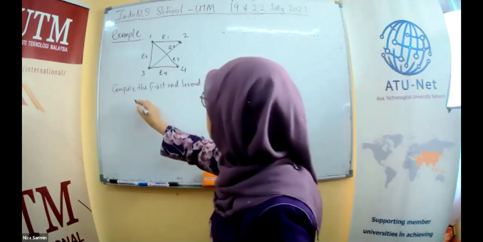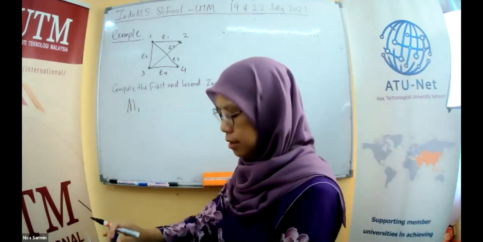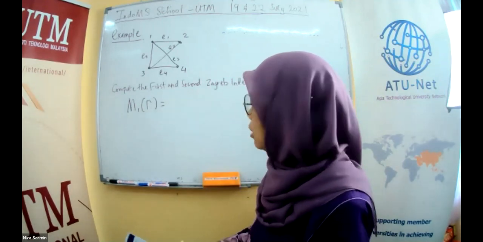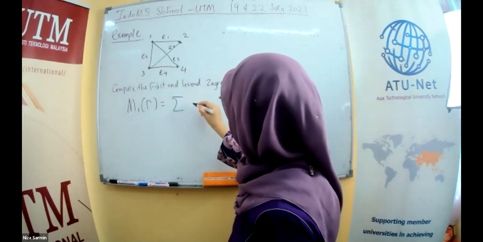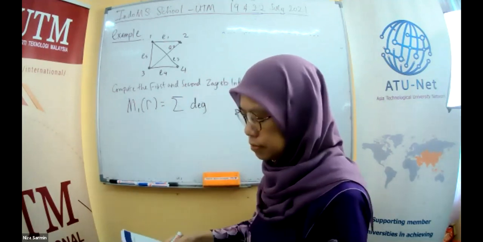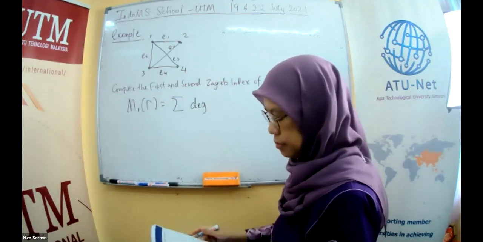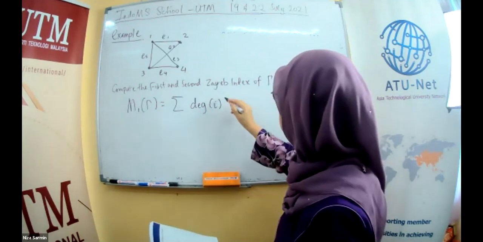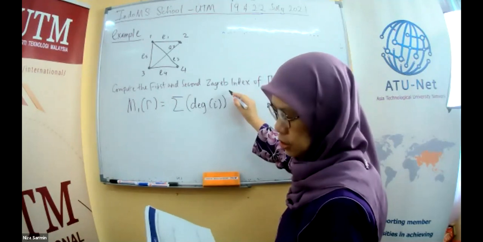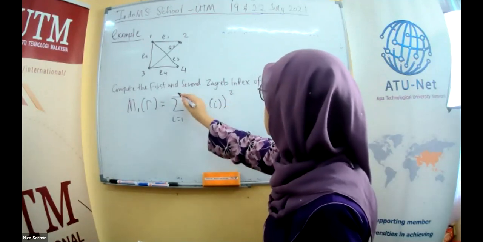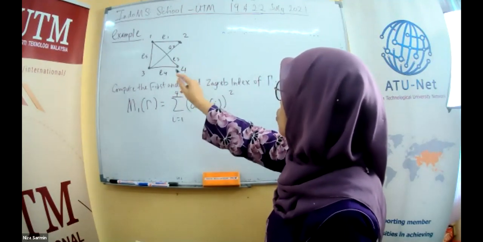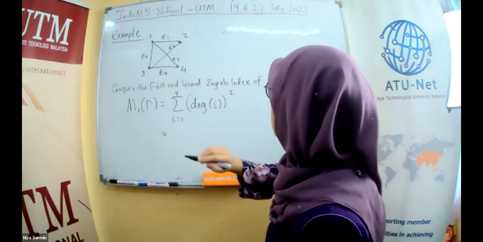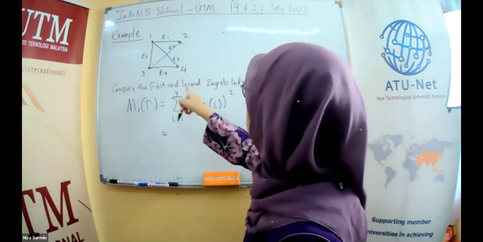Okay, so M1 of the graph, writing out the formula. Now, if I use i as the index of the vertex, 1, 2, 3, 4, right? So we have the degree of the first one.